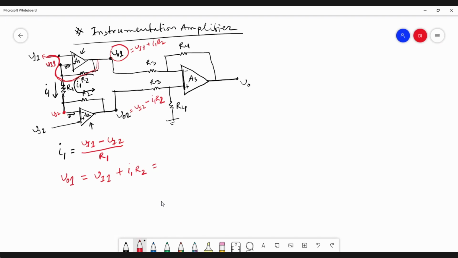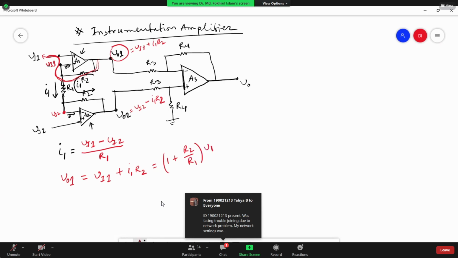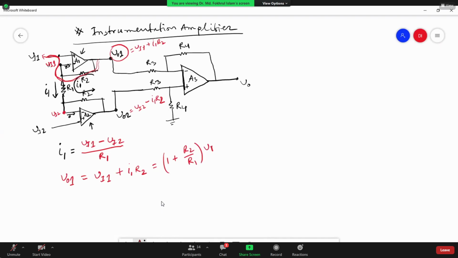Since it is a non-inverting amplifier, we can write V01 as 1 plus R2 by R1 multiplied by VI1, minus R2 by R1 VI2.